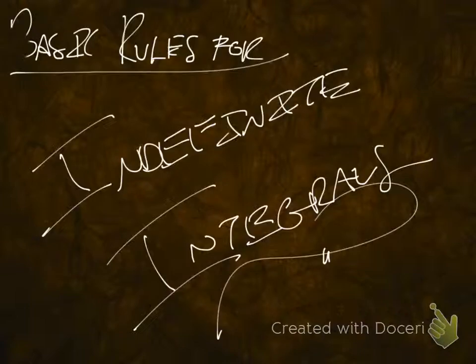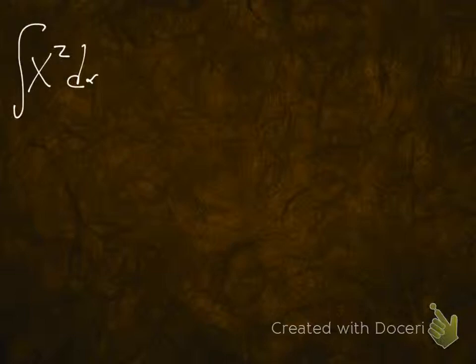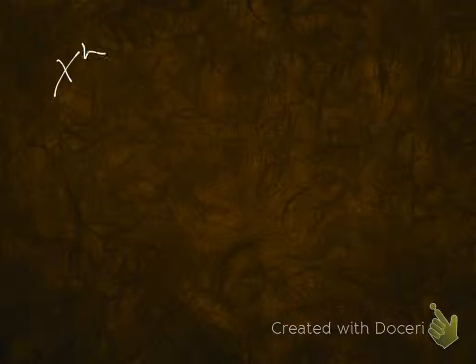So now let's actually talk about some of our rules for indefinite integrals, or primitive derivatives, antiderivatives. One of the most important ones is if we have x to the n, and we want to integrate that, x to the n dx. Let me fix this here.